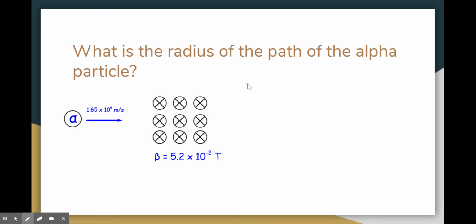All right, so we have a little bit of room to work here. Let's take a look. I guess the first question is, let's find out what is the force acting on the alpha particle. So the magnetic force should be equal to q times v times B, with the perpendicular symbol in here, and we're going to be strict about it.